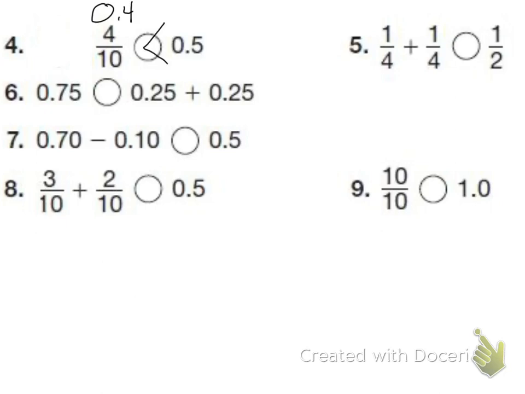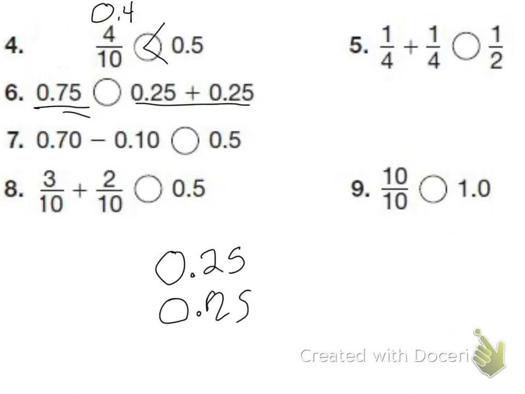For number 6, it says 0.5 and then 0.25 plus 0.25. 5 plus 5 is 10, carry the 1. 1 plus 2 is 3, plus 2 is 5. So we have 0.75 and 0.5. That means that 0.75 is bigger.